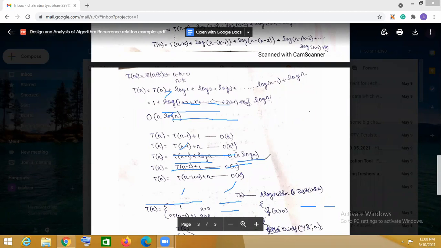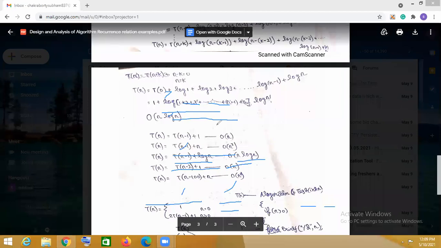So this is the simplest trick. But if in the exam you are given this problem for 5 marks or 10 marks, then you have to solve it totally like this. But in the case of an objective, this is the trick to write the order of a function.